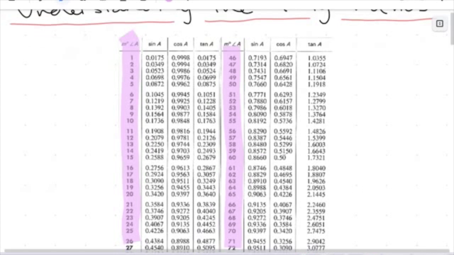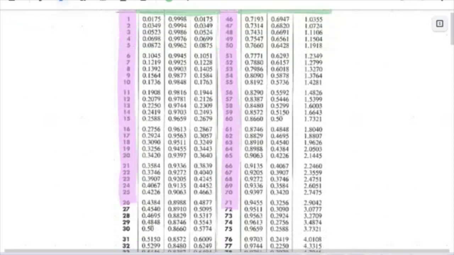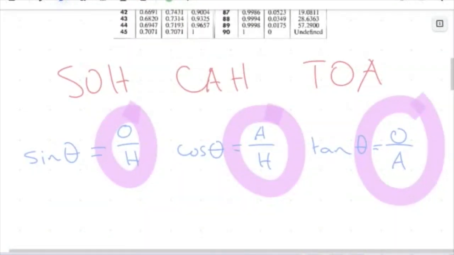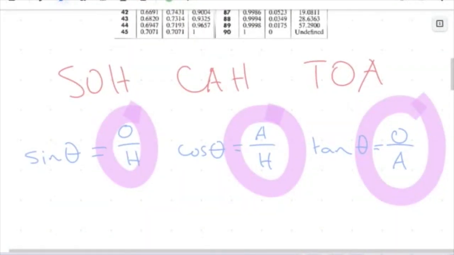And it also had the different trig ratios. We're still going with this idea of sine being the ratio or fraction of the opposite side to the angle over the hypotenuse, cos being adjacent over the hypotenuse, and tan being the opposite over the adjacent.